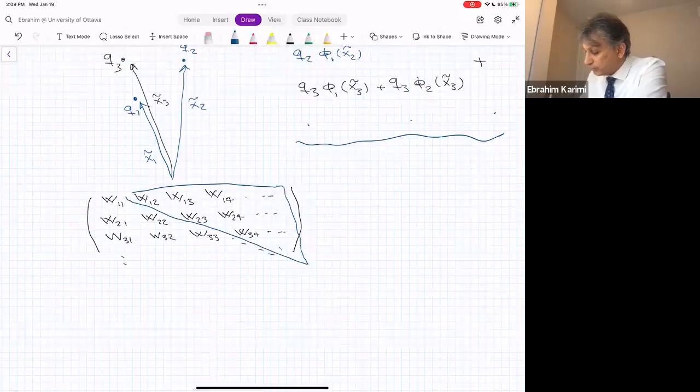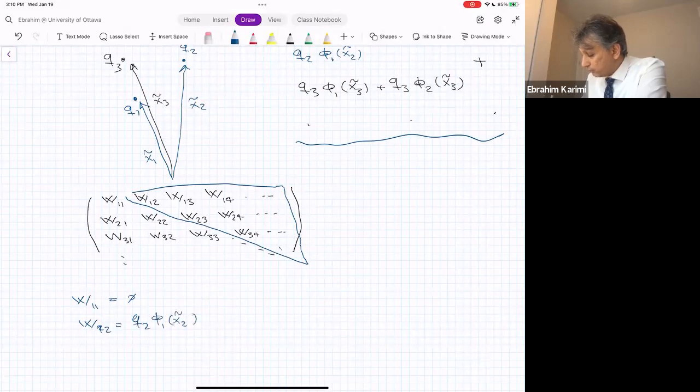The work of moving particle 1 will be 0. The work of moving particle 2 will be Q2 phi 1 at x2, which we call W21.